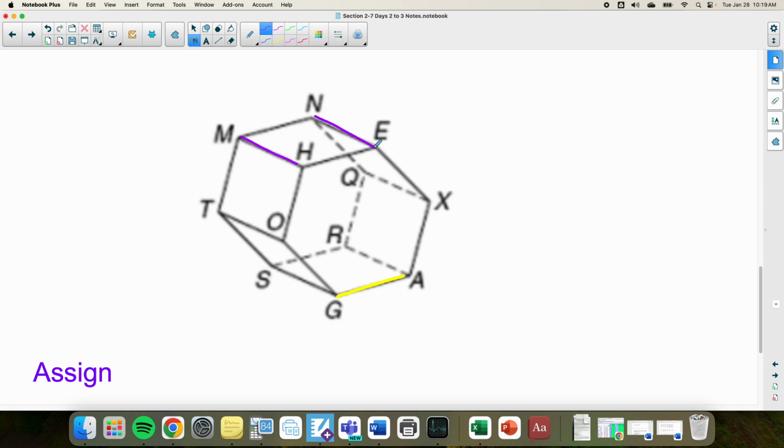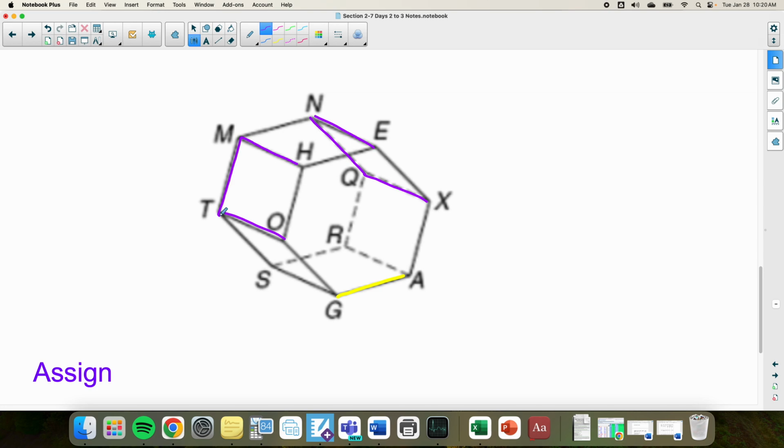Okay. Anyone else? Yes, Dalton? QX. QX is correct. TO. TO is correct. SG touches it. NQ. NQ is correct. That one's in the back plane. MT is correct.